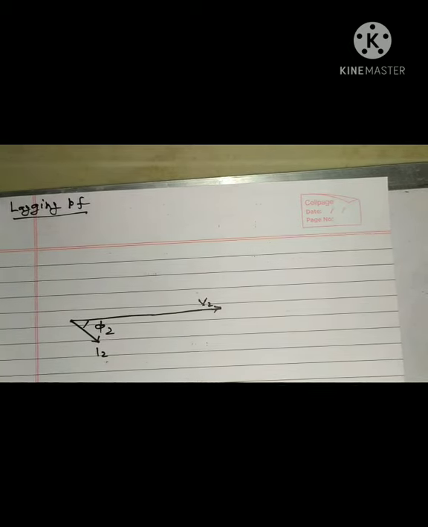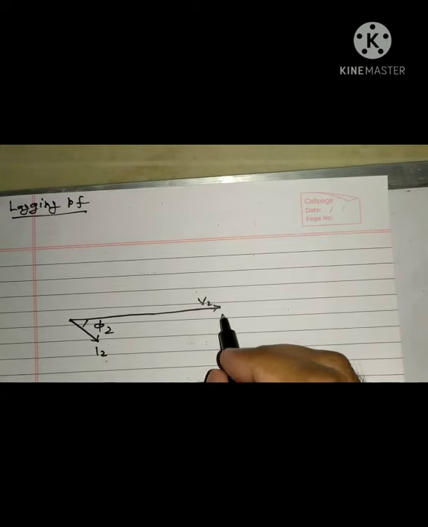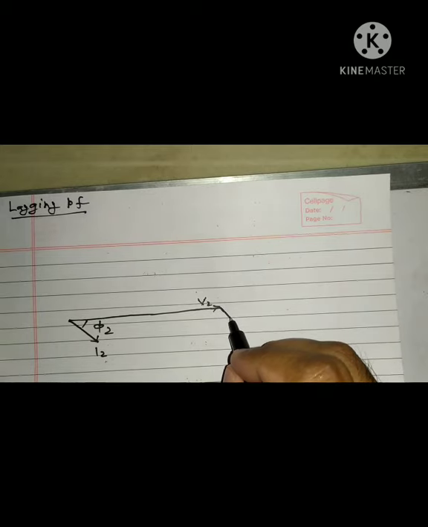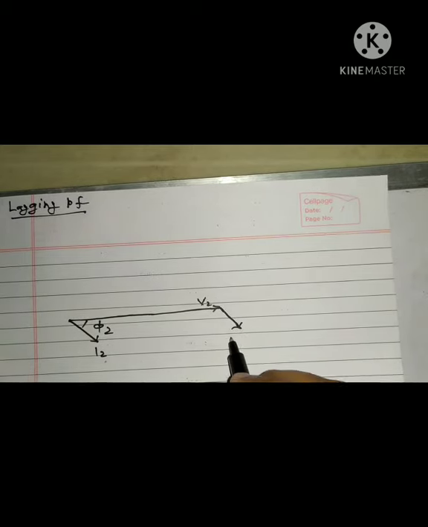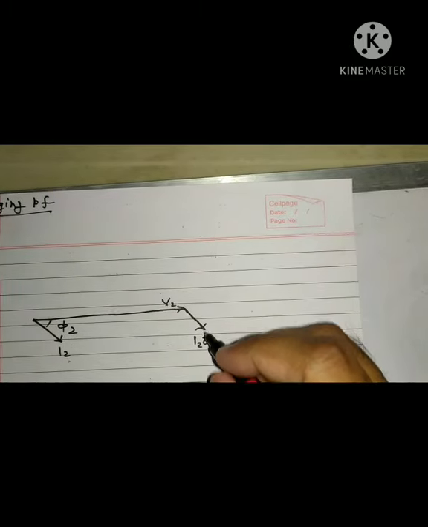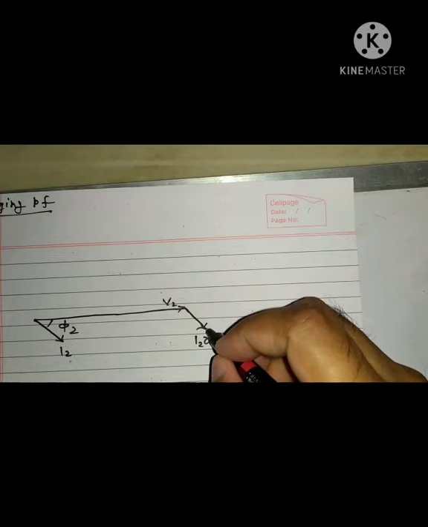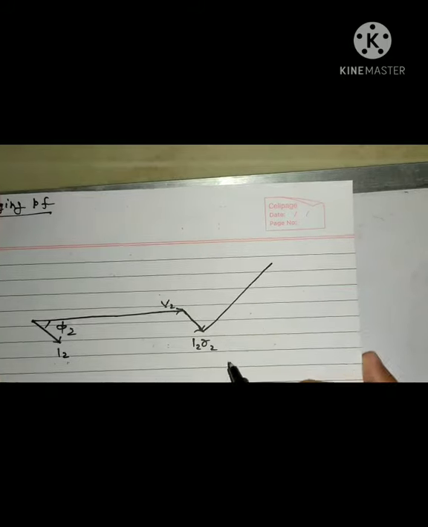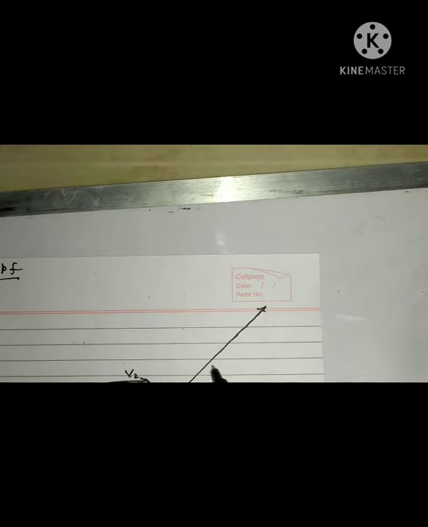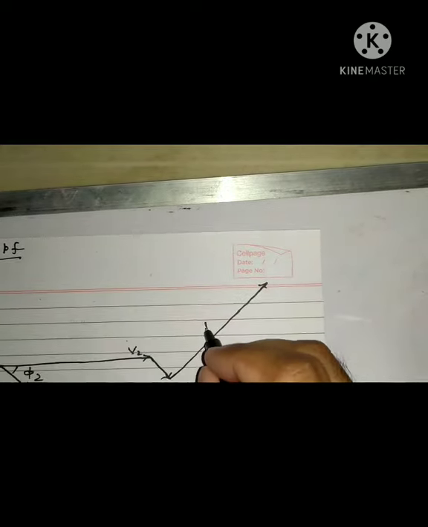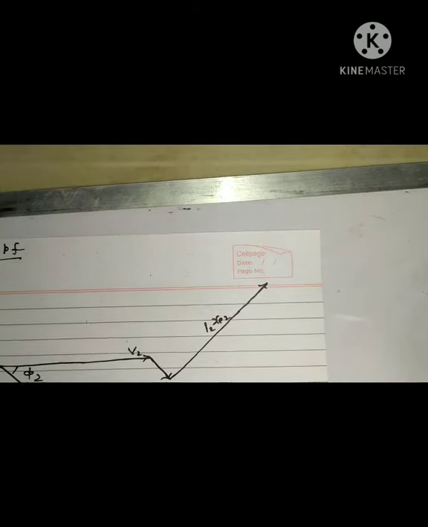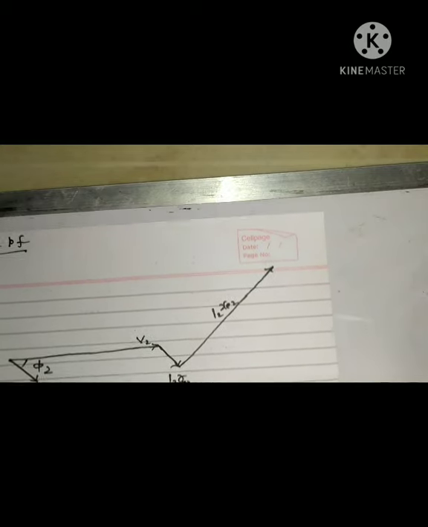Now there will be I2 R2 drop. So I2 R2 drop will be in phase with I2 only. So I2 R2 drop will be here. And there will be I2 X2 drop that will lead it by 90 degrees. So this is I2 XE2, this is I2 RE2, this is I2 XE2 drop.